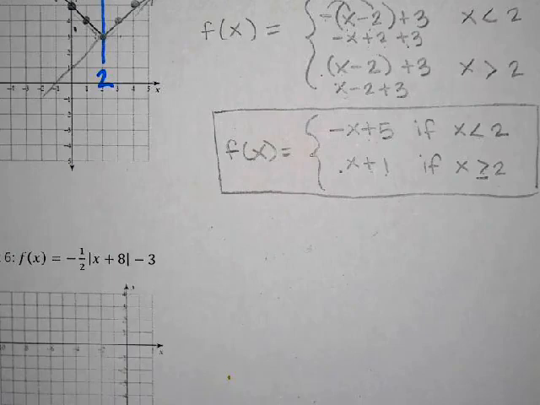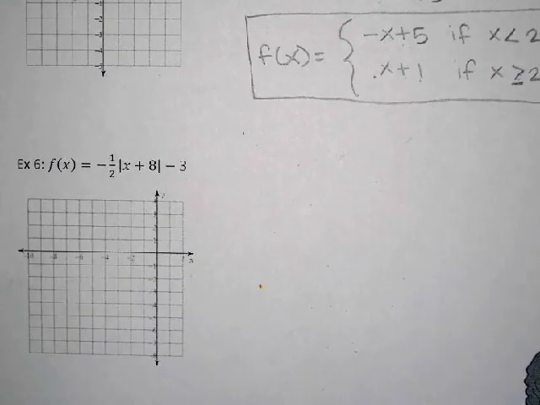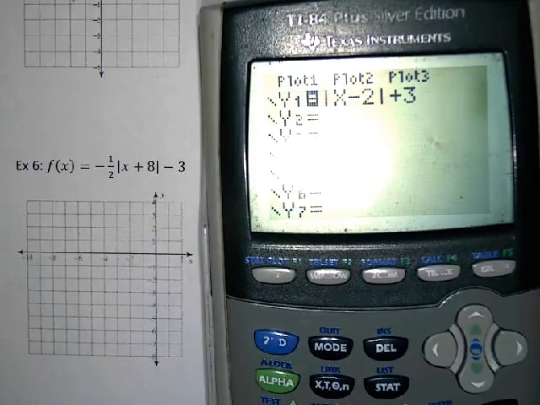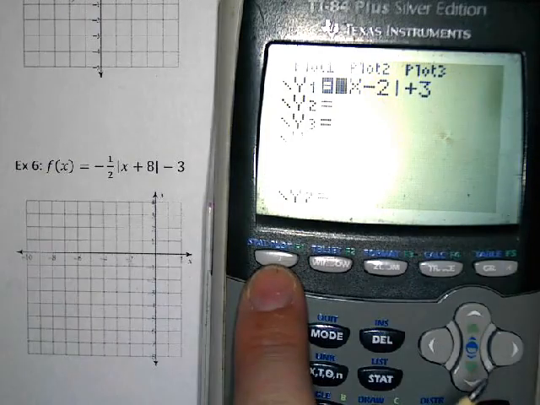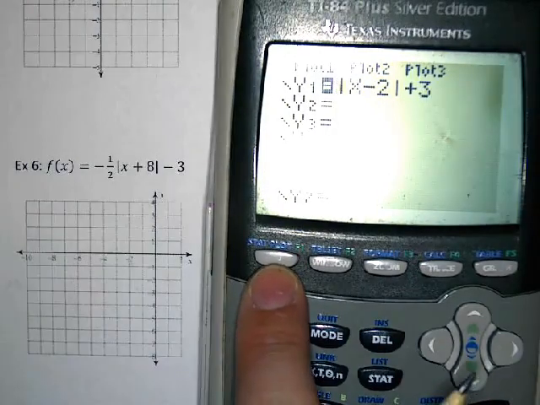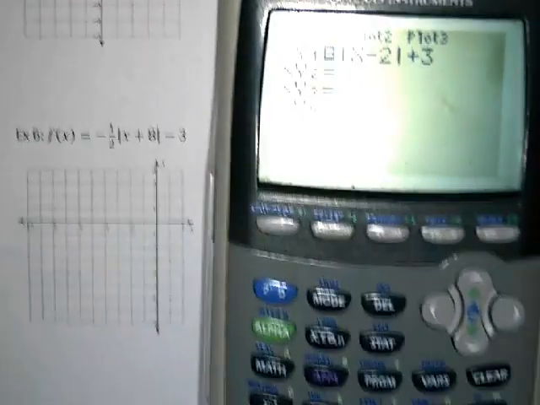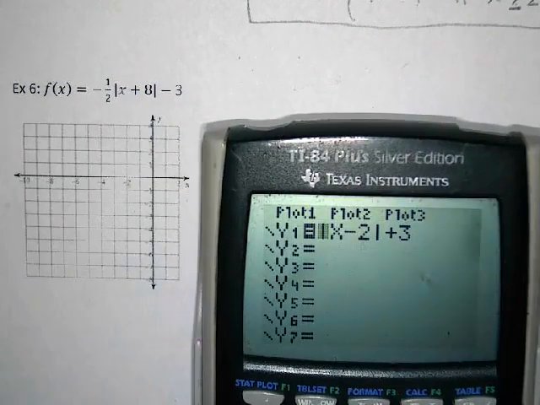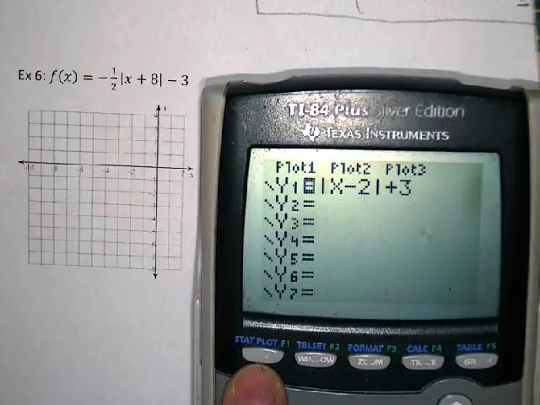Okay. The next one. So let's grab our calculators. We're going to graph this. So I hit the y equals button to get back here.